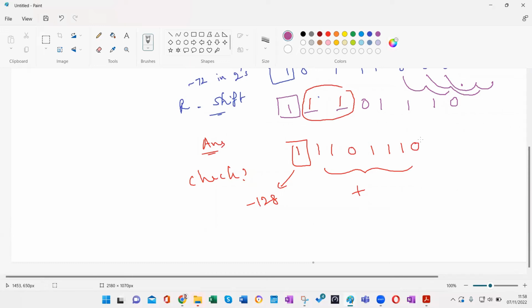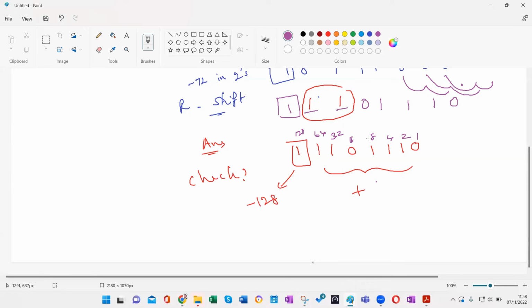And what are the positional values? 1, 2, 4, 8, 16, 32, 64, 128. Okay, what's the positive value? 64 plus 32 is 96, 104, 108, 110.